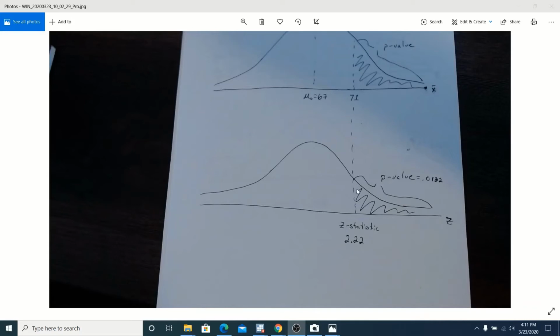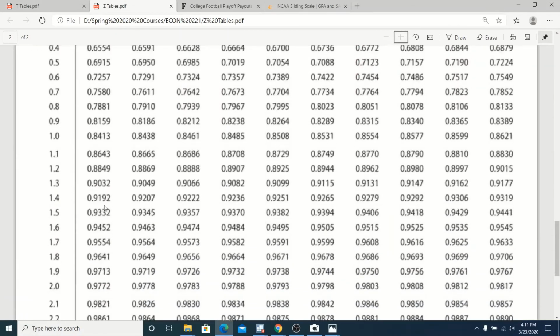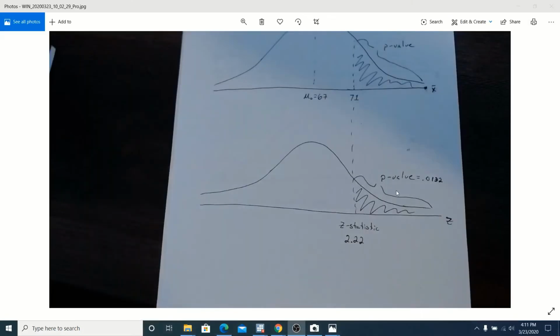We look up 2.22 and get 0.9868. That's the area to the left, so we subtract it from 1 and are left with 0.0132 as our p-value.